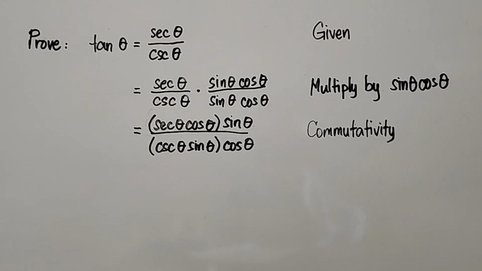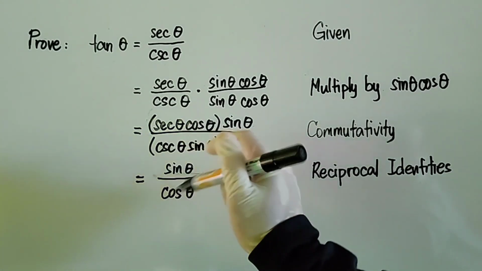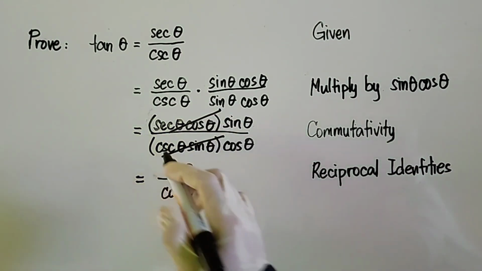Why do we need to group this? Remember that secant theta and cosine theta are inverses. So if you multiply these two, the product is 1. Same with the cosecant theta and the sine theta. Applying the reciprocal identities, and since this is 1 and this is 1, we can cancel that.